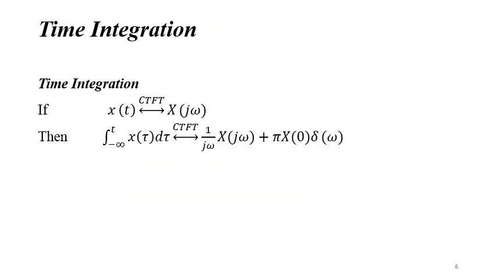So the next property we consider here is time integration. If x of t has a continuous time Fourier transform equal to X of j omega, then if we integrate it with respect to time from minus infinity up to t, it results in 1 over j omega times X of j omega plus pi times X of 0 times the impulse.